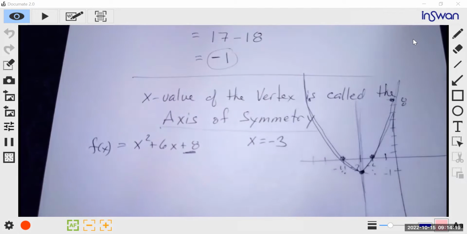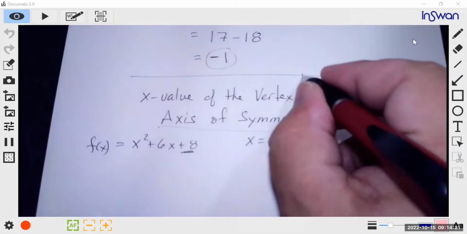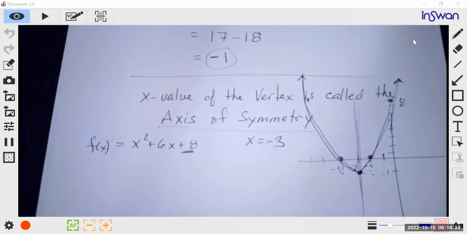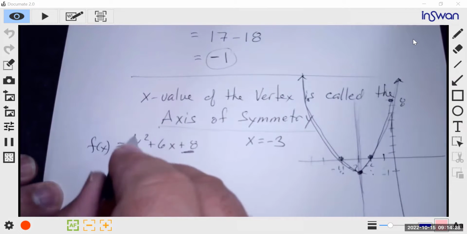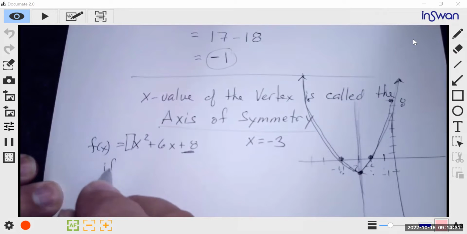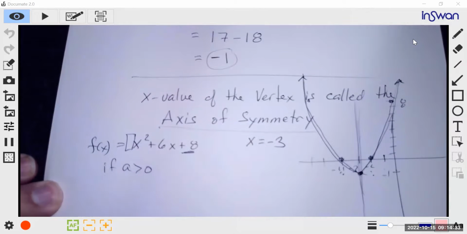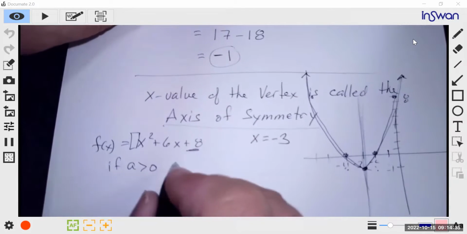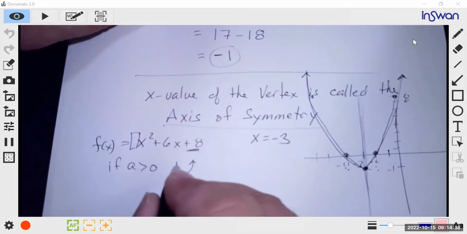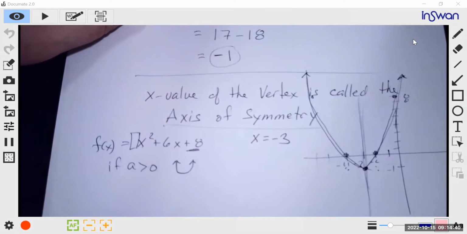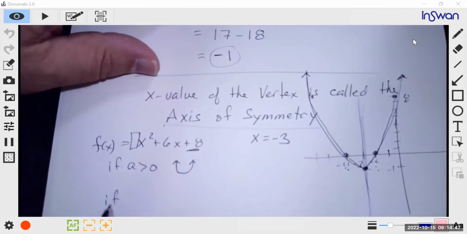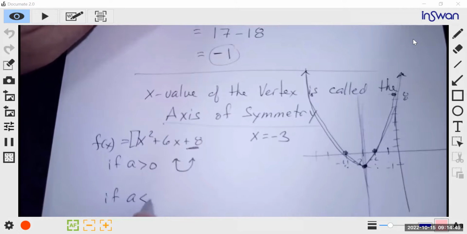If we look at the shape of the graph, it's opening upwards. We knew that was going to happen from this equation. If A is greater than 0, the graph opens up. If A is negative, if it's less than 0, it opens down.